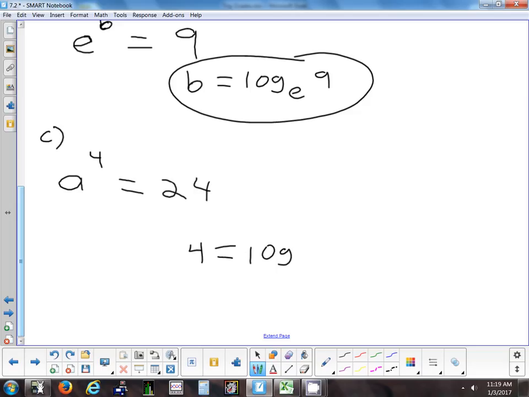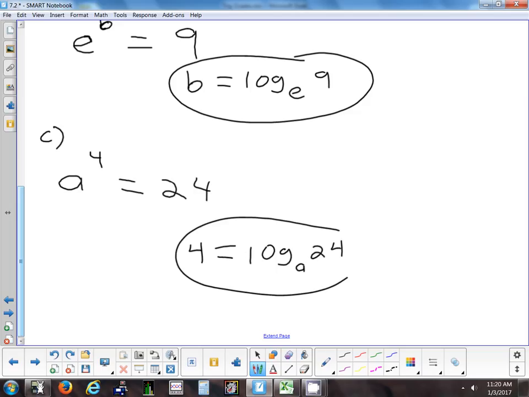What's my base here? Yep. Base a. Jesse, what's going to go right here? 24. And do you remember what that 24 is called? That's the argument. It's the thing that's being plugged into the log function. You're taking the log of 24 with a special base that we don't know.